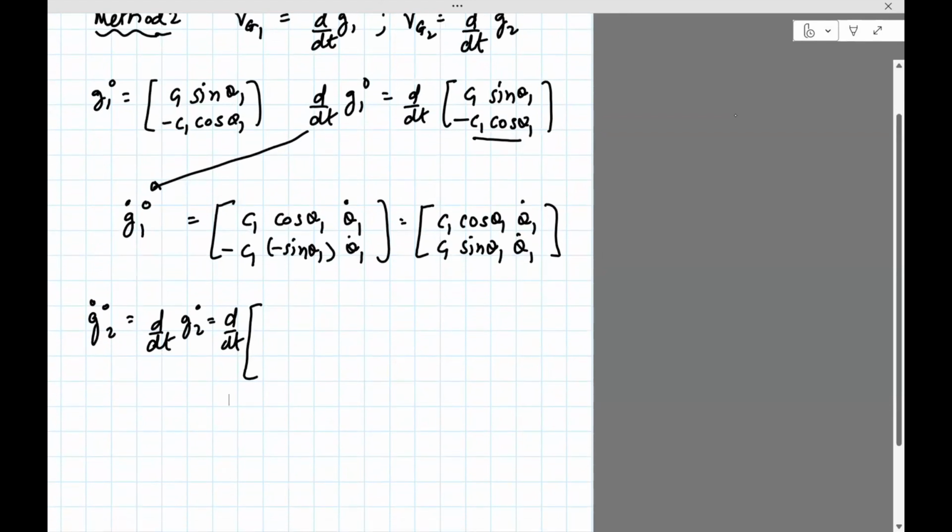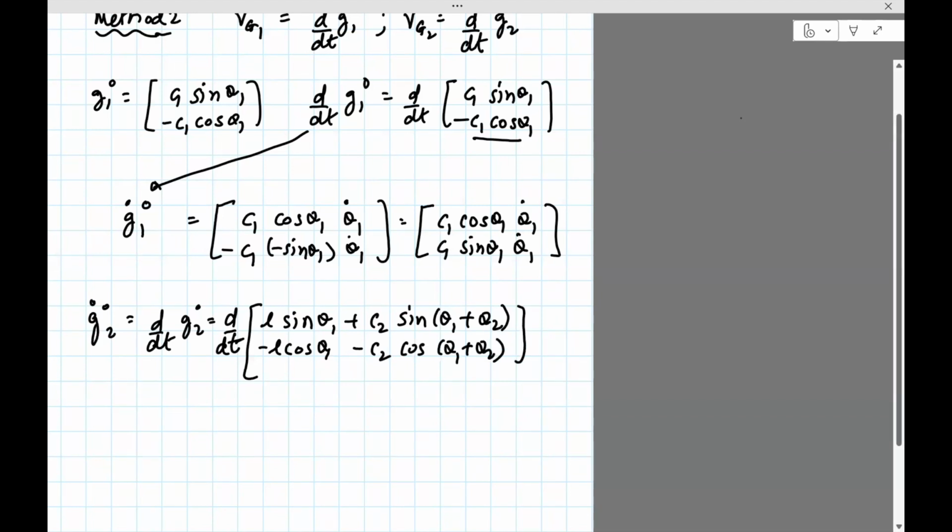The x component is L sine theta 1 plus C2 sine theta 1 plus theta 2, and the y component is minus L cosine theta 1 minus C2 cosine theta 1 plus theta 2.